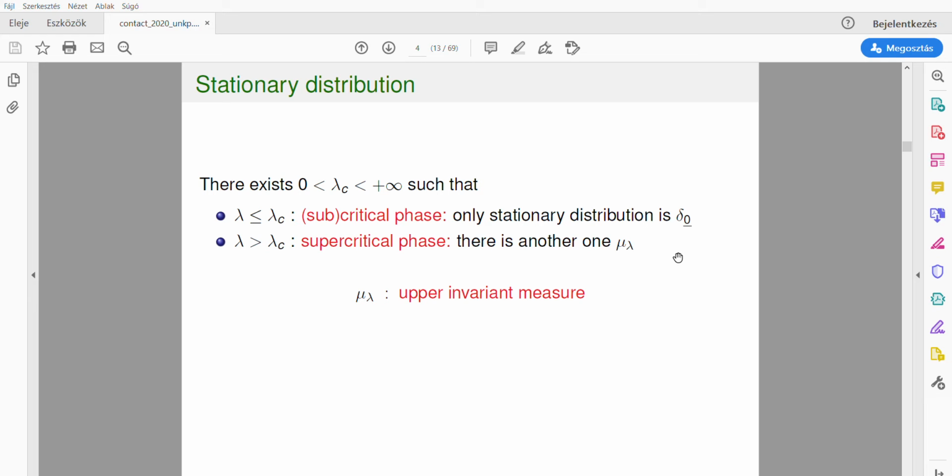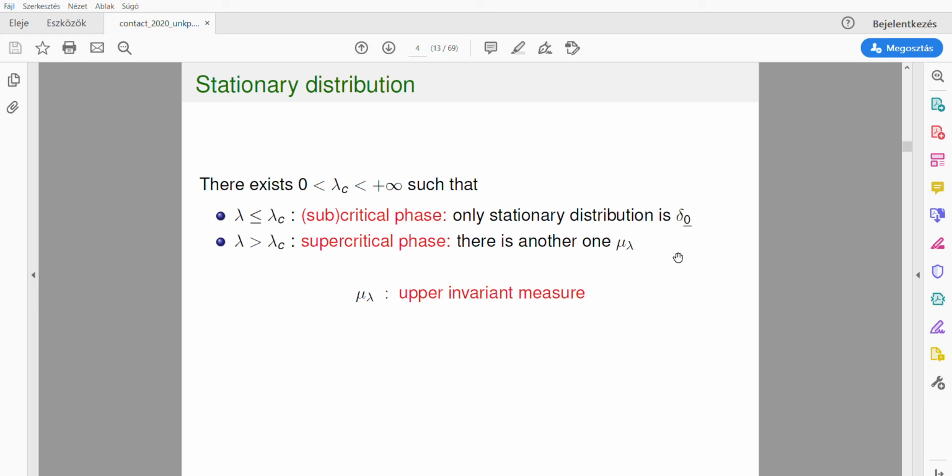If lambda is bigger than supercritical, then as time goes to infinity, the law of this configuration is going to converge to the upper invariant measure.